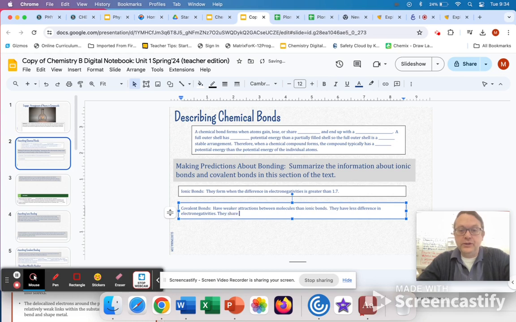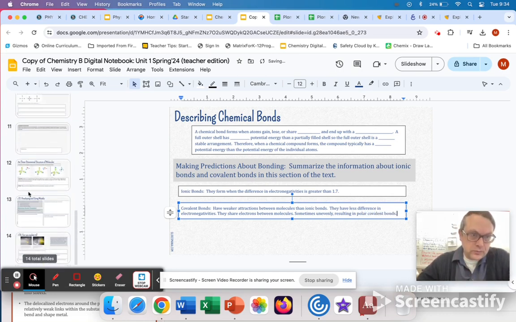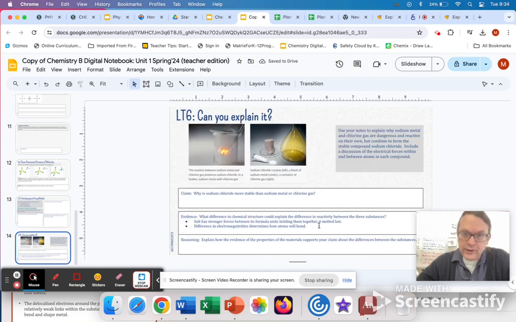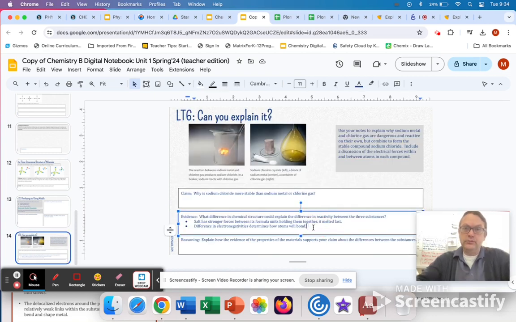They share electrons between molecules, sometimes unevenly, resulting in polar covalent bonds. Some details there. So, key piece of evidence about that would be that the covalent bonds between chlorine atoms results in weaker attraction between those molecules.